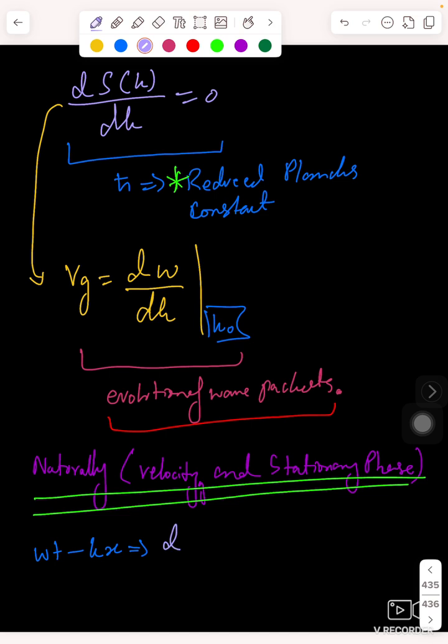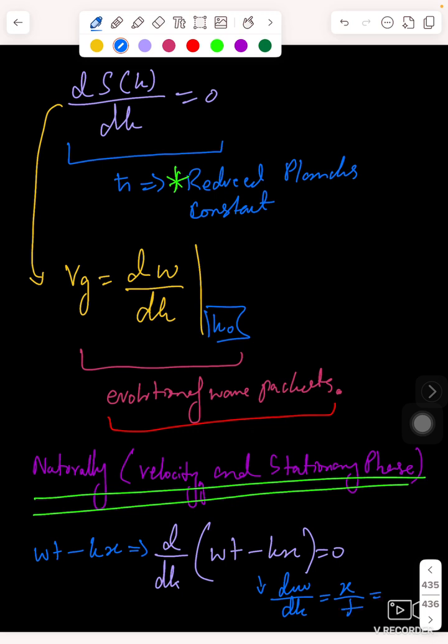This can be written as d over dk, where again k is the wave number, then in brackets Wt minus kx equals 0. Now this can further be simplified to give dw over dk equals x over t equal to v of g.